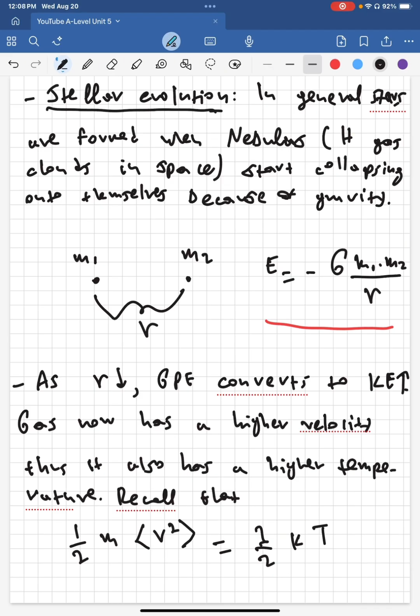I mean, it's plain to see, okay? Now, let's summarize. We started with a nebula, which started collapsing onto itself, and because of the gravitational pull, it starts having some velocity. Higher velocity translates to higher temperature.